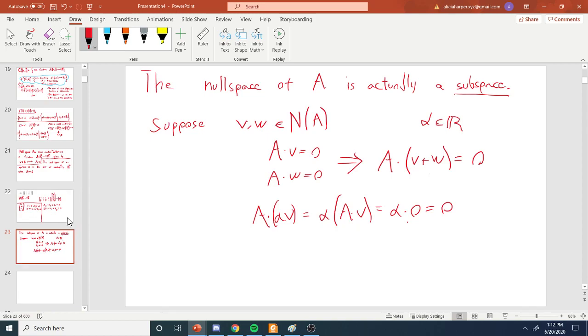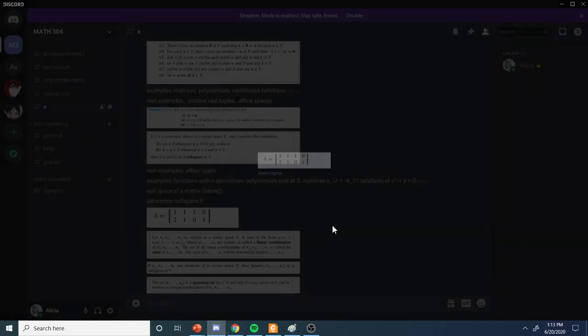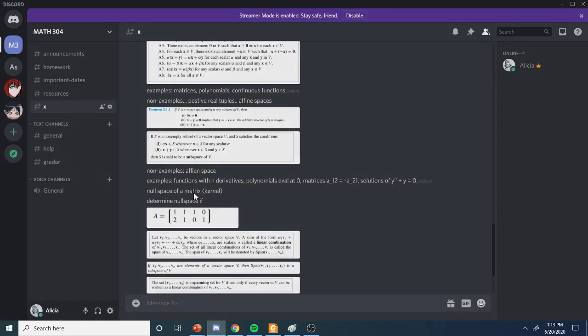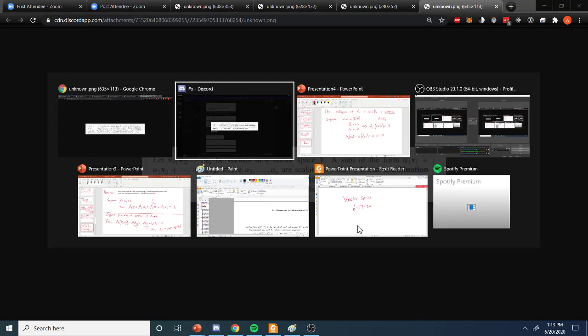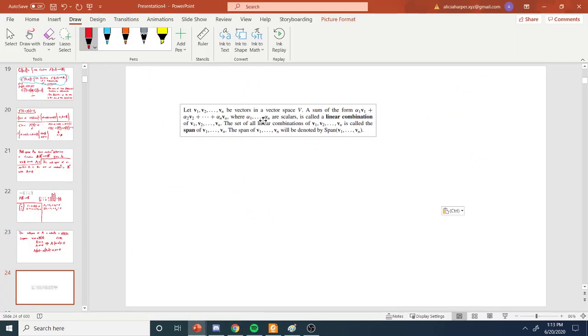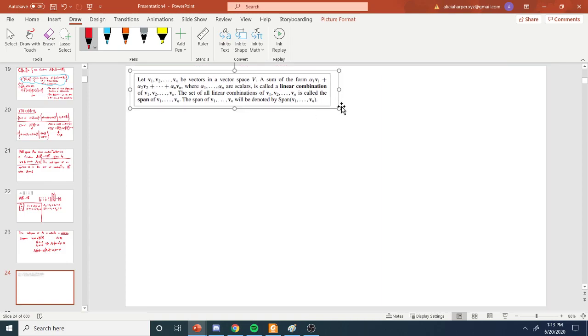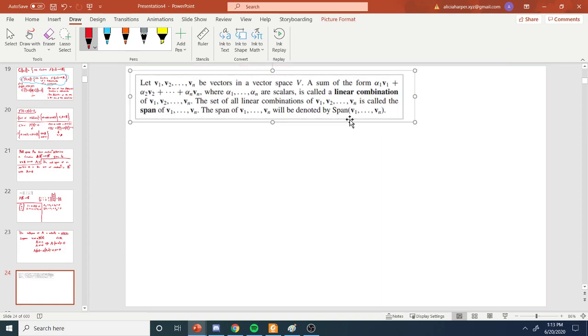All right. So now we have a good deal of examples at hand. So I want to introduce another definition. This is going to be the notion of linear combinations and spans. So suppose we have a vector space V, and we have n vectors in it.